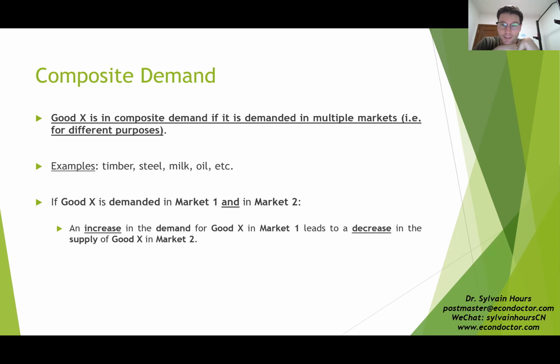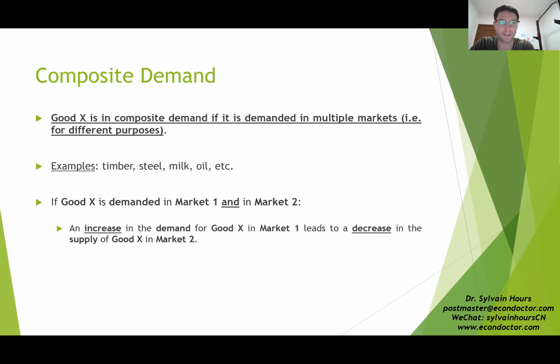Well, in that case, the equilibrium price will increase in that market. Which means that for sellers, it's going to be more profitable to sell good X in market one rather than in market two.